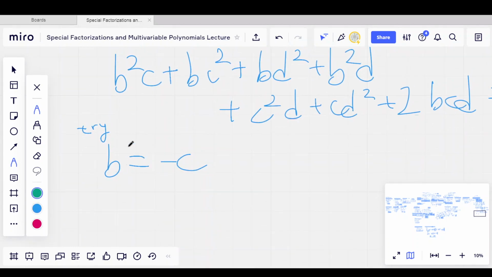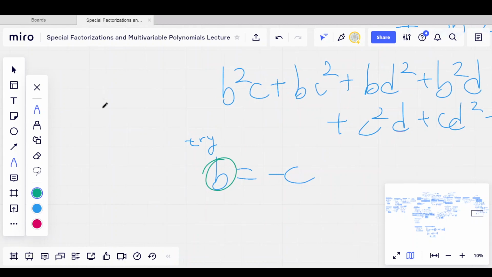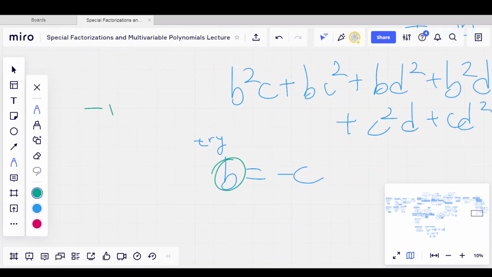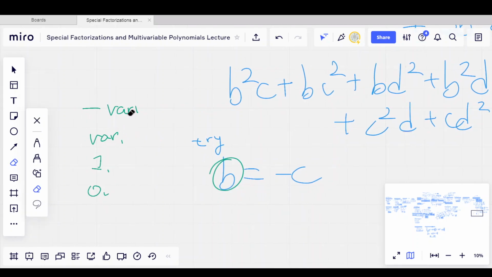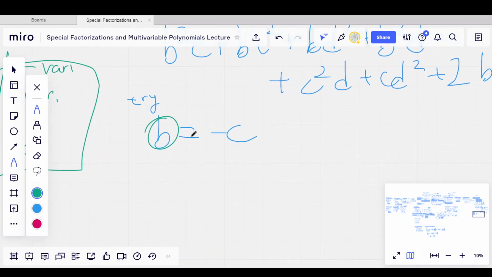So replace all instances of b with negative c. So we can replace it with negative of a variable, and then you can replace it with a variable. You can also replace it with 1 and 0. And you can also replace it with anything else. But usually we would try these four substitutions.